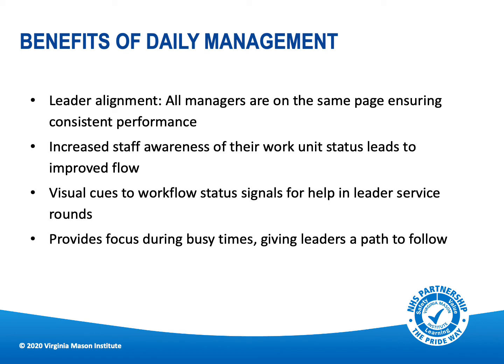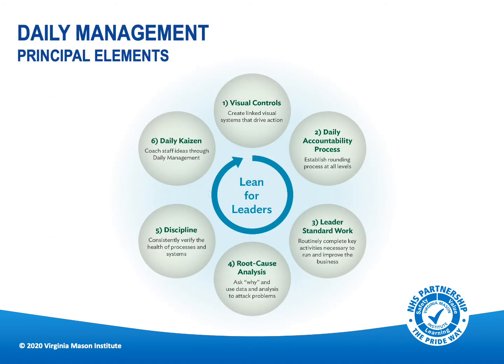Daily management allows staff to clearly see what their key priorities are and how the team or department as a whole is performing. Here is a reminder of the 6 elements of daily management we touched on in the previous session. The 6 elements work together to help you know your area, run your area, and improve your area.